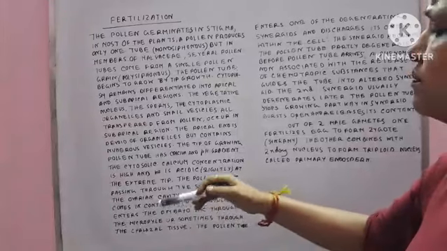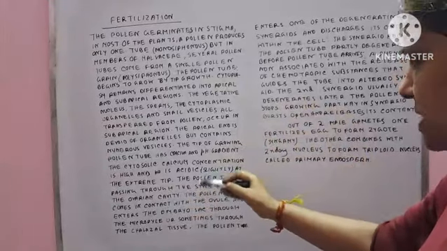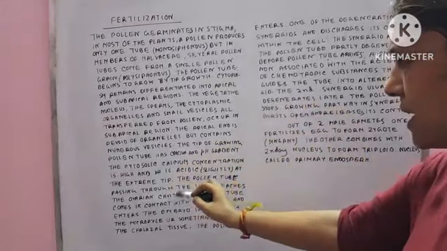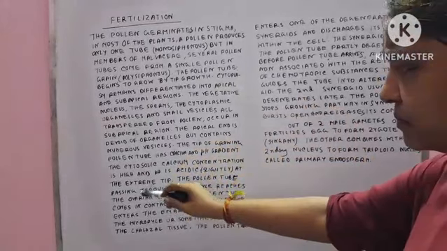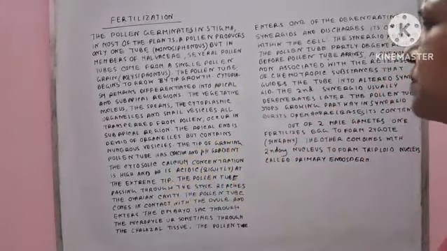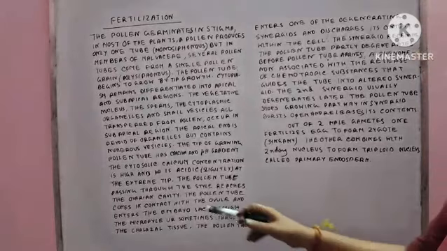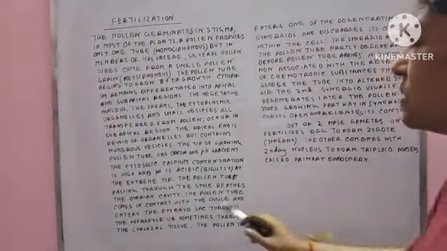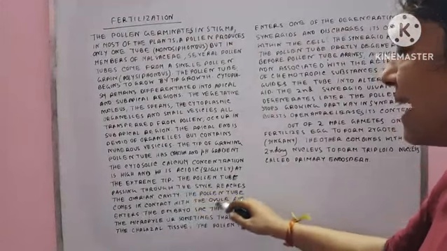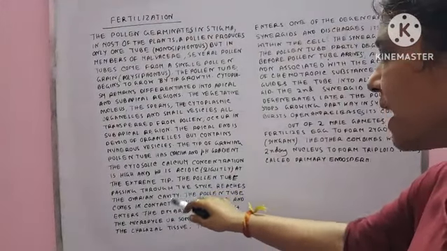It arrives through the style, enters the ovarian cavity, comes in contact with the ovule, and enters the embryo sac through the micropyle. How do they enter the embryo sac?